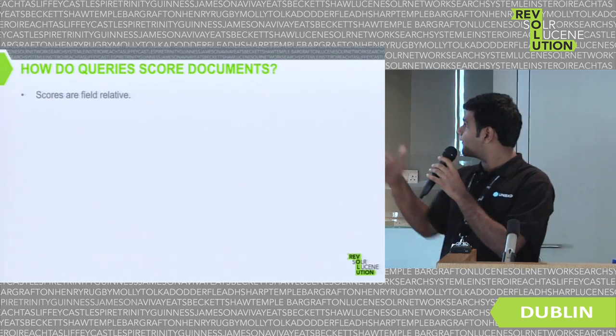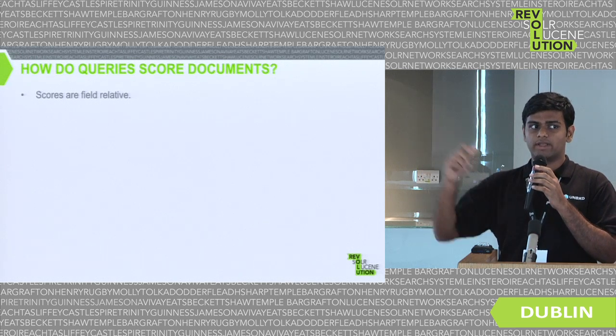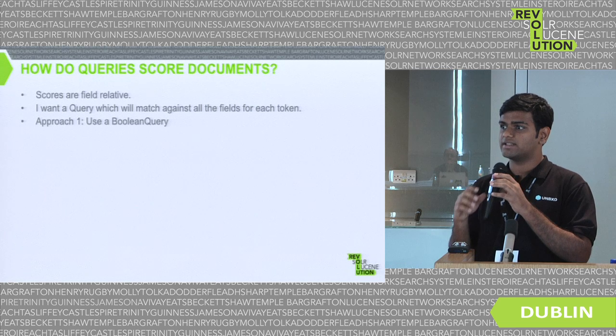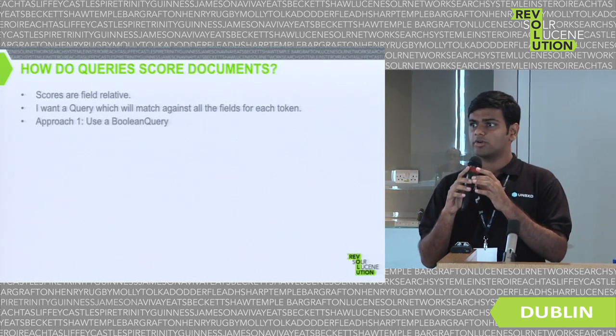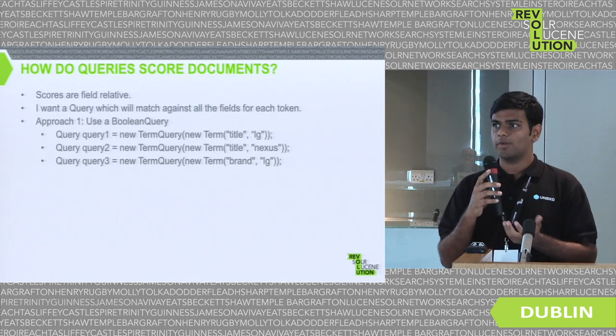Approach one, you would use a boolean query. You would make term queries which would have fields as title and values as each token of your search query. So you would have a few term queries out there, and you would put all of them in a boolean query, and that's how you would form a query.